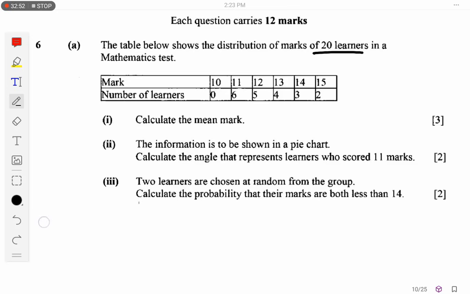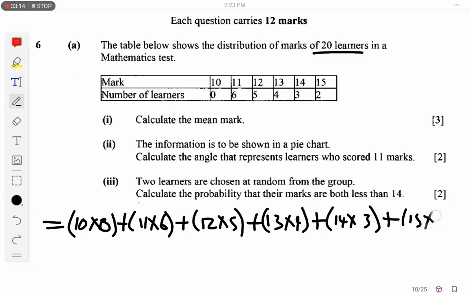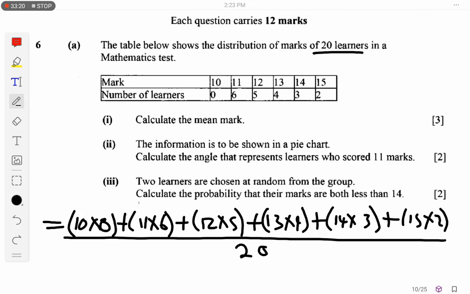Our mean is going to be equal to 10 by 2 by 0 then, plus 11 by 6, plus 12 by 5, plus 13 by 4, plus 14 by 3, and lastly plus 15 by 2. Then we divide everything by the number of students that we have, which are 20.